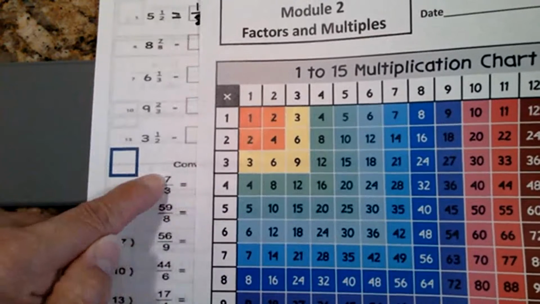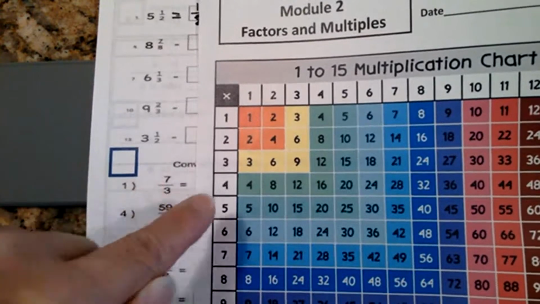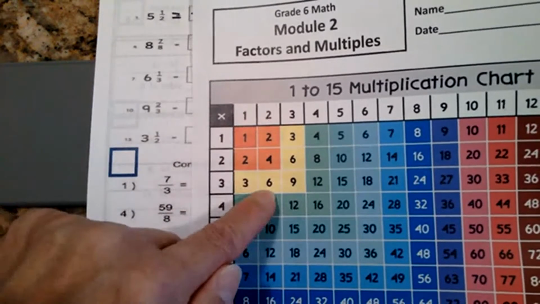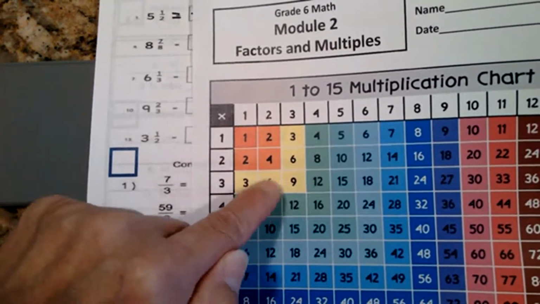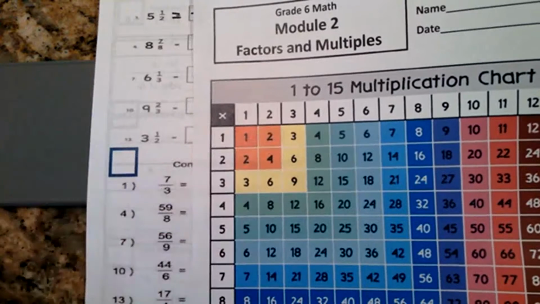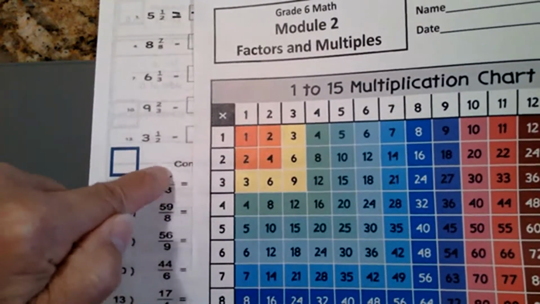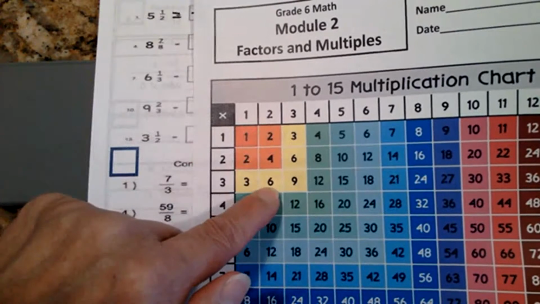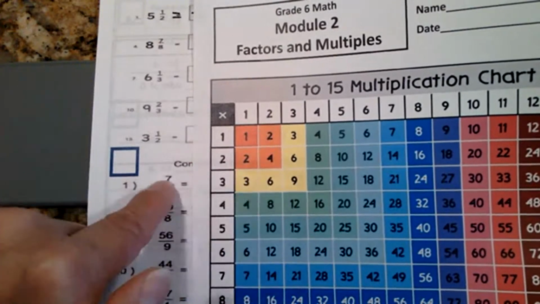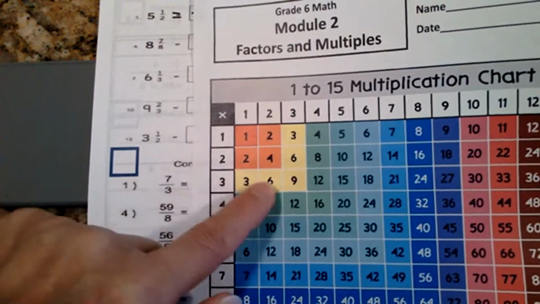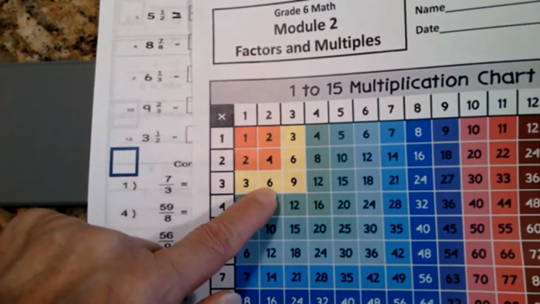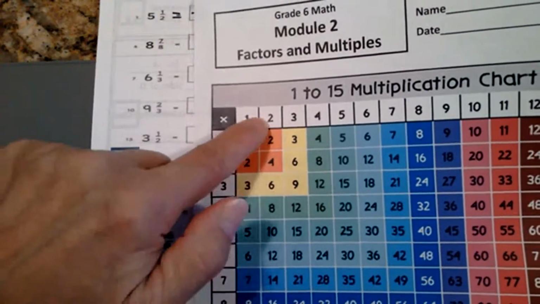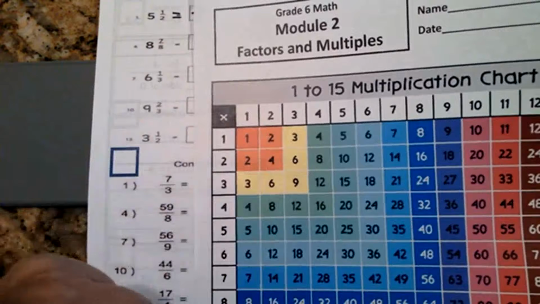We've got 7 divided by 3. 3 times 2 is 6. So 3 can go into 6 2 times, but then there's going to be 1 left over, because here is the 7. When I say there's 1 left over, that is because 7 is 1 bigger than 6. Okay? So 3 can go into 7 2 times with 1 left over.